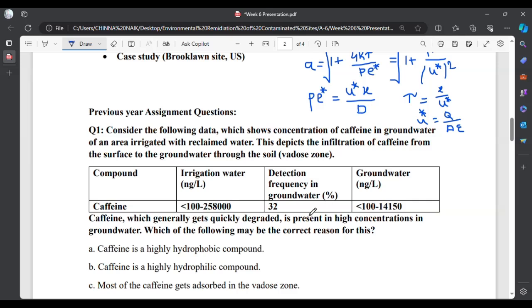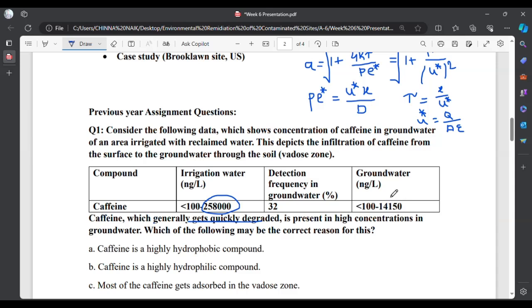Now what they are asking: caffeine, which generally gets quickly degraded, is present in high concentration in groundwater. Which of the following may be the correct reason for this? By observing the data, in irrigation water the maximum caffeine concentration is around 258,000 nanogram per liter.